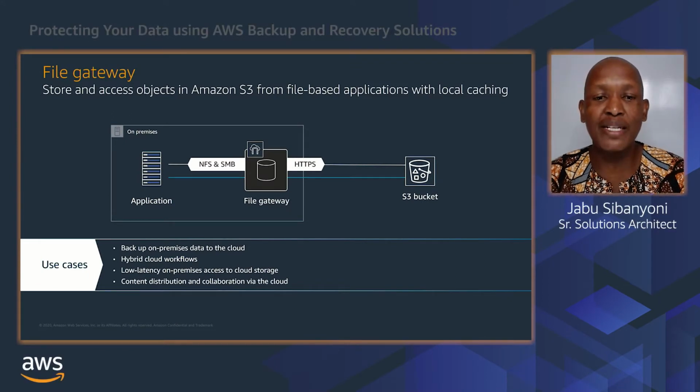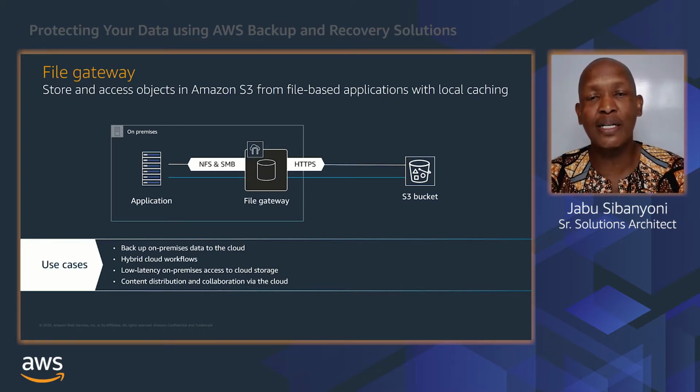For your file-based applications, you are able to replicate and store that data, and AWS still provides you with hybrid workflows, allowing you low-latency access to that data.